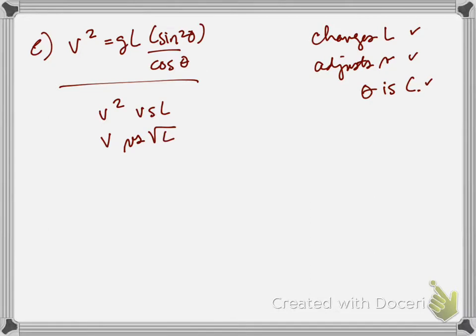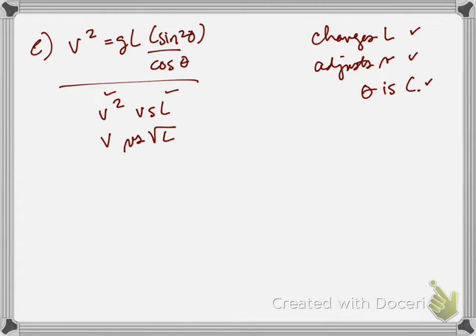But we want to put v on the y-axis and L on the x-axis, or v squared versus L and v versus rad L. And then we have to have, again, the correct power relationship. So not v versus L and not v versus L squared, but we've got to have v at a higher power, one higher power, I guess, if you will, than L.